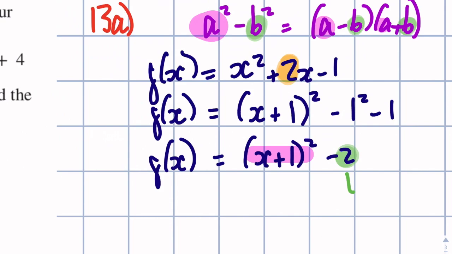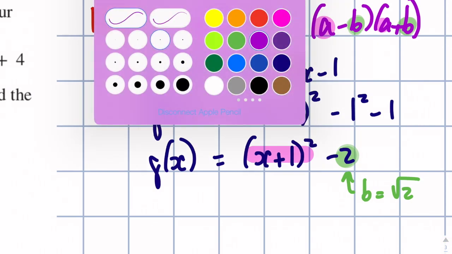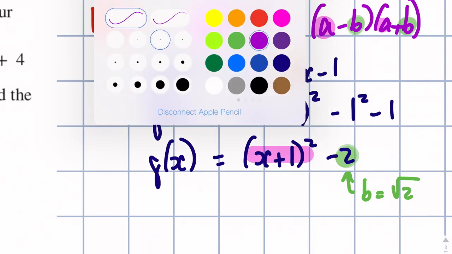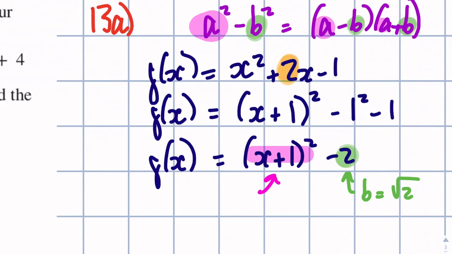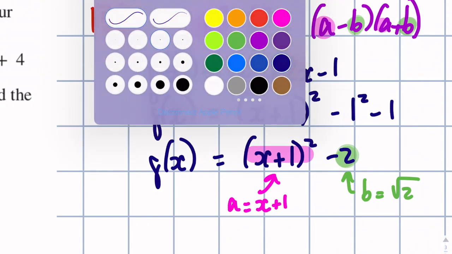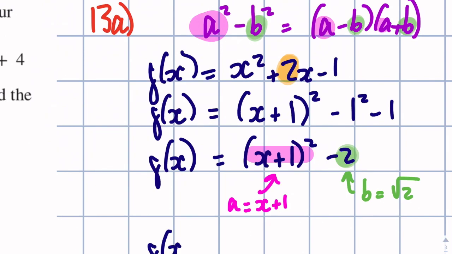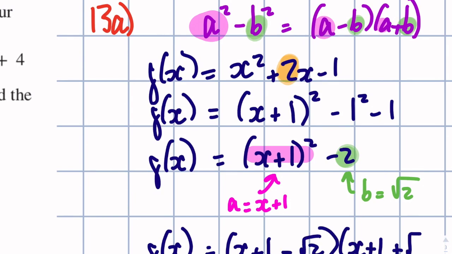So here, b would be the square root of 2, because I don't have 2 squared, I just have 2. A is going to be x plus 1. So when I go to factorize it, I get x plus 1, which is a, take root 2, x plus 1 plus root 2. Yeah, okay.